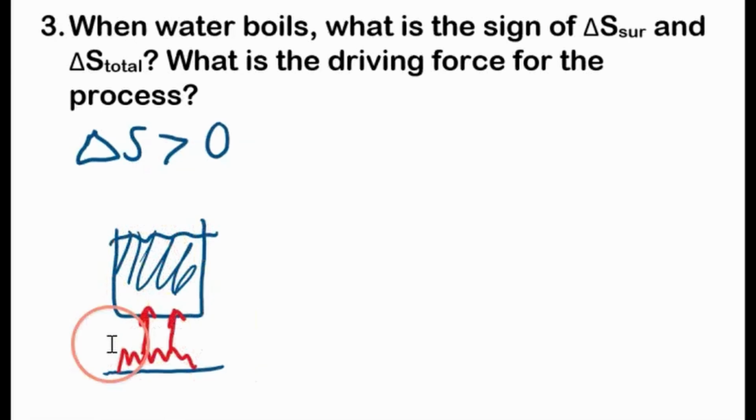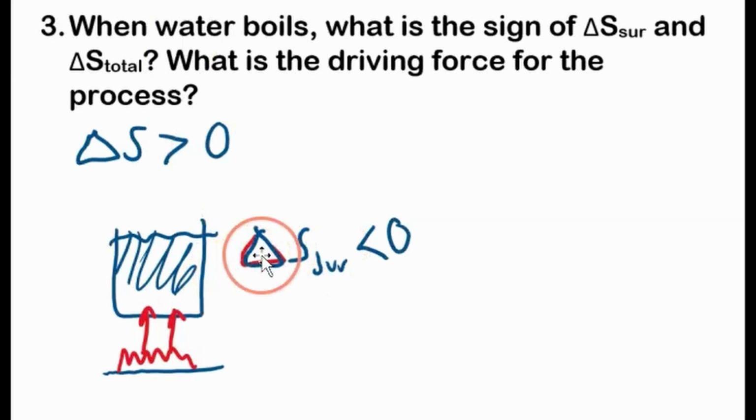The kinetic energy we're using, it could be thermal radiation, we're taking it away from the surroundings. So the change in entropy of the surroundings has to be less than zero. It's hard to think of it as being more orderly in this case, but we're kind of localizing some of the energy from the surroundings into the system here.